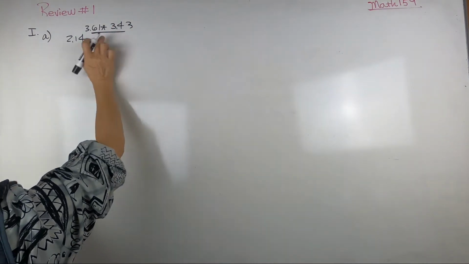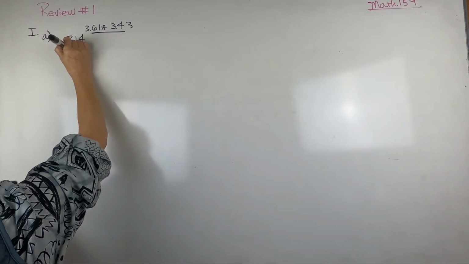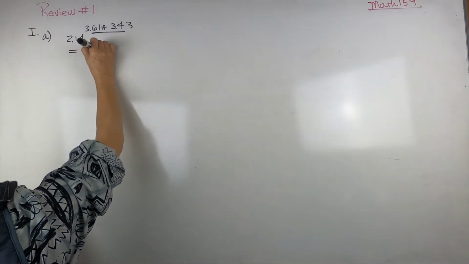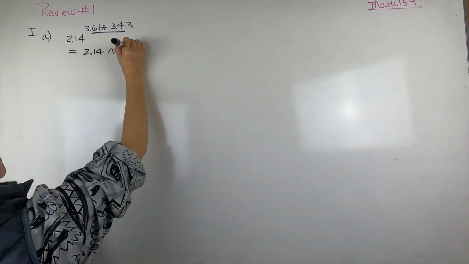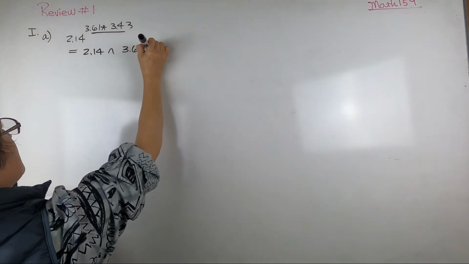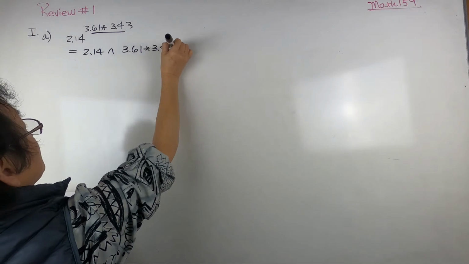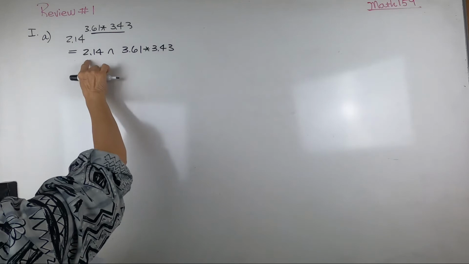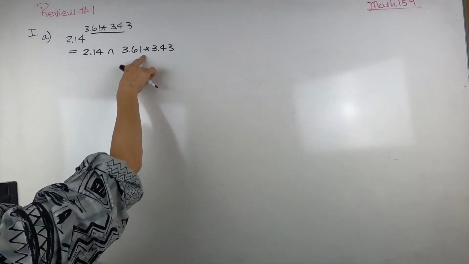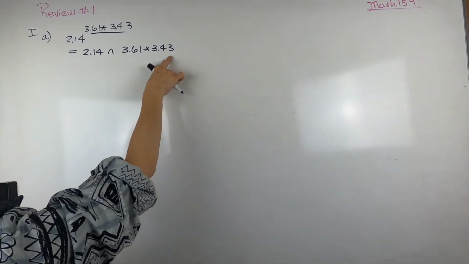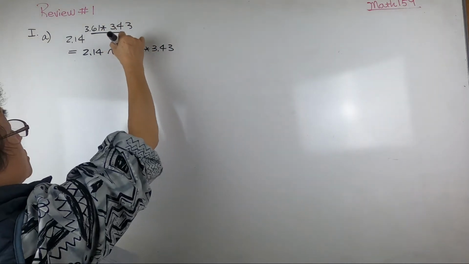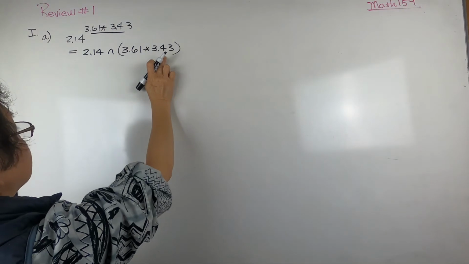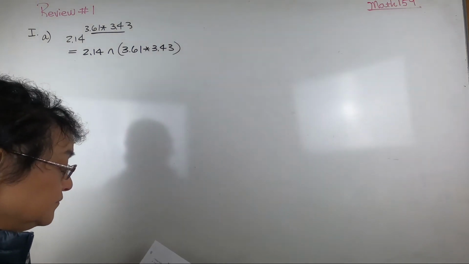They should multiply before you take a power. So if you use the calculator, you should take a power for 3.61 times 3.43. If you do that on your calculator, you will not get the right answer, because the calculator will follow power first, then multiply, which is not what we want. We wanted to multiply first, then take the power, right?